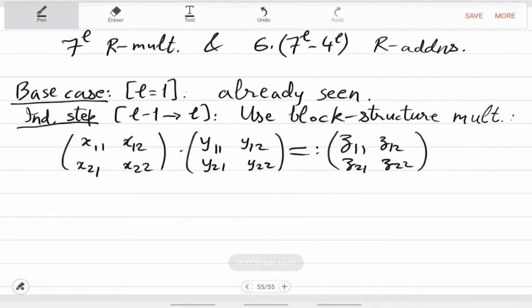And the full matrix is 2 raised to L cross 2 raised to L. Right? So for n cross n matrix, you are looking at the block structure n by 2 cross n by 2. And so this multiplication of n by 2 by n by 2 matrices, this you do inductively or in the algorithm recursively.